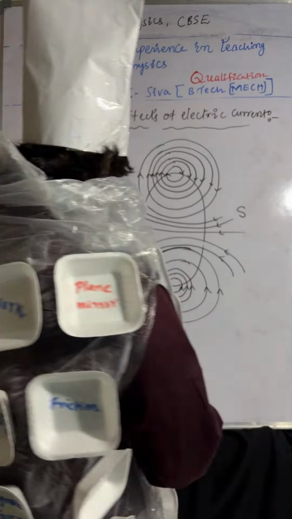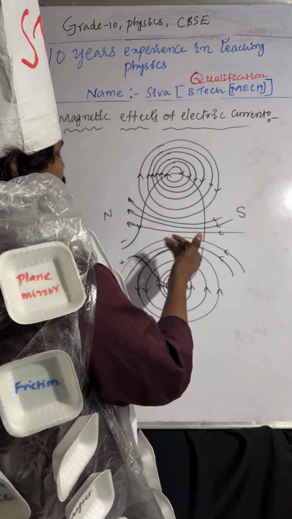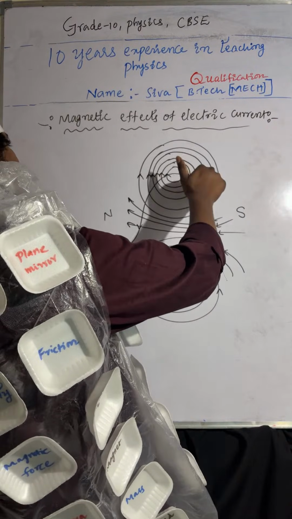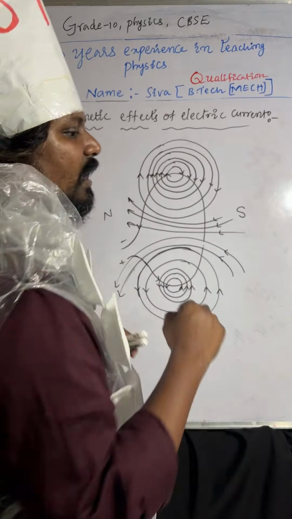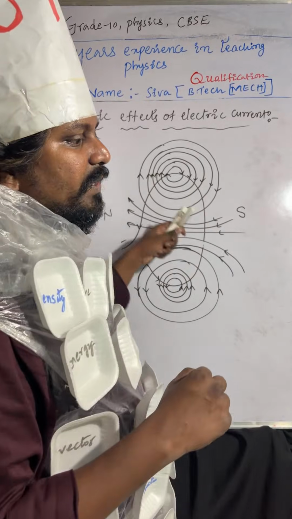If the current is passing in the upward direction, the magnetic field will be like this around it. If you place it like this also, the magnetic field direction like this we can take. So this side is north and this side is south. I hope it is very clear.